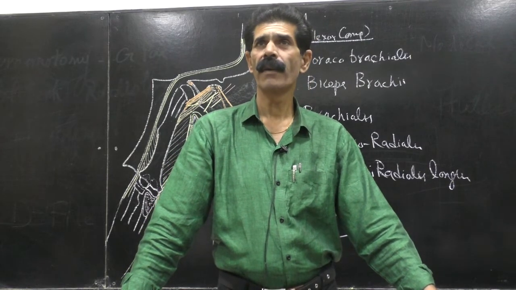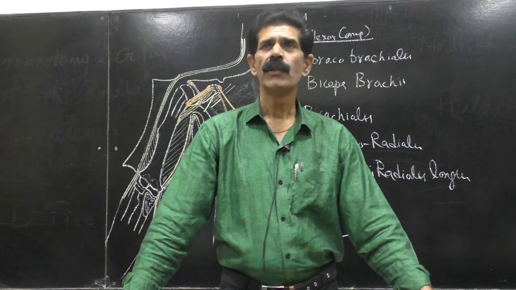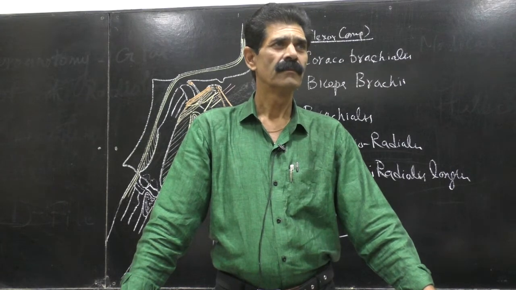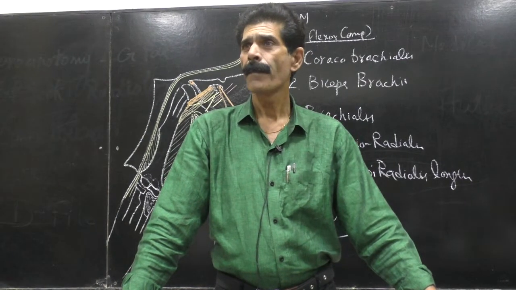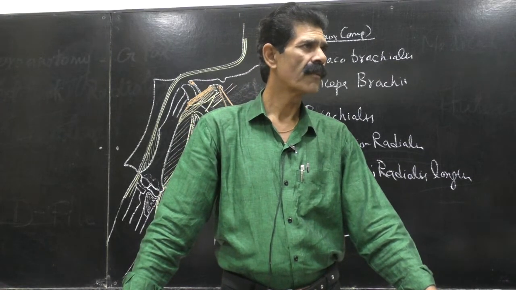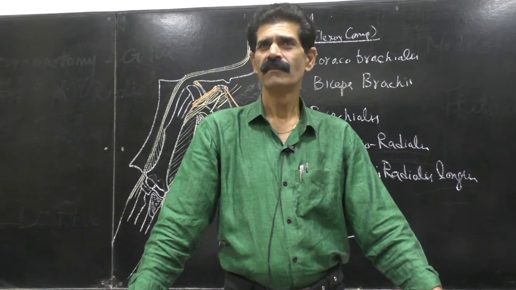Three words, remember. After taking origin from here, usually muscles at the origin are fleshy. Muscles are thick at the origin, and at the insertion they become narrow and tendinous, and we call that the tendon. But here it is opposite.